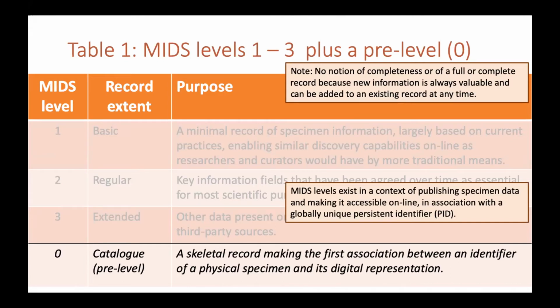The general context here is that the specimen data will be made accessible in association with a persistent identifier so that you can reference it. There is also a 0 level, which would be the first association between an identifier and its digital representation, perhaps barely before it exists. You might think of that in the field, for example.